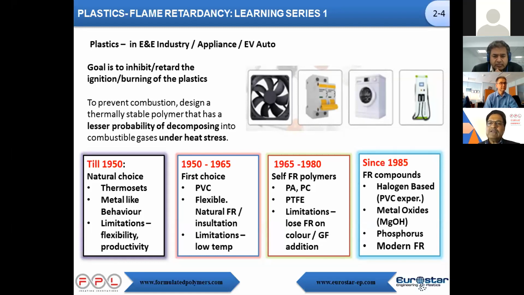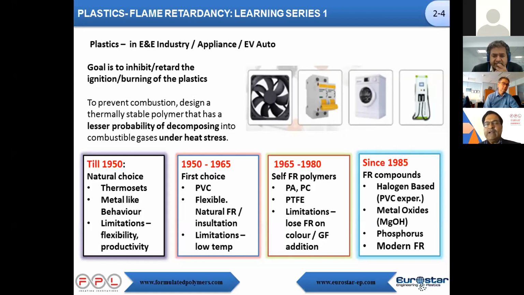The chlorine prevents oxygen from entering and damaging the molecule, so it doesn't catch fire. Initially we were very comfortable with PVC, even though it had low insulation values, etc. But that was the first flame retardant polymer that we came to know and use then.